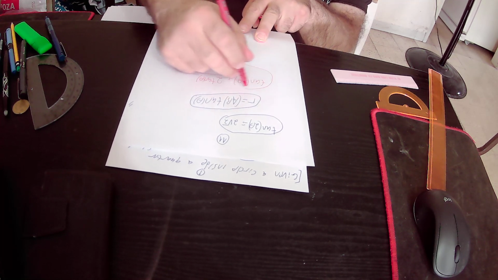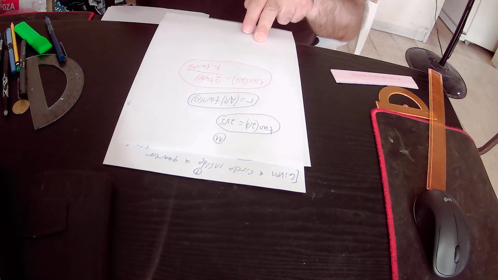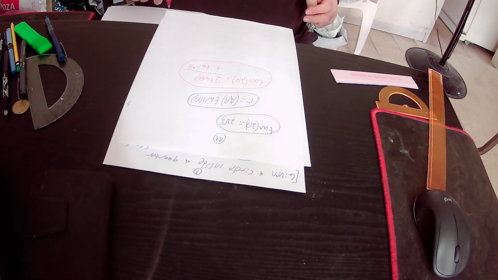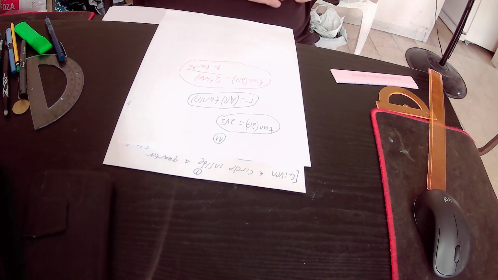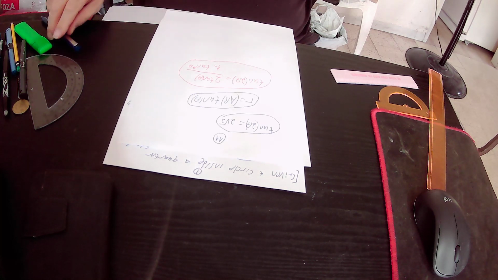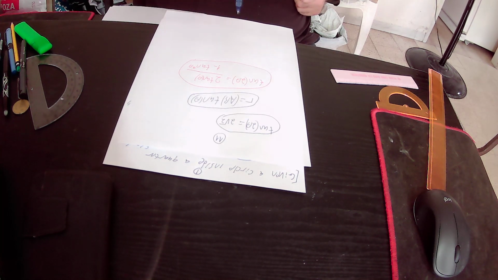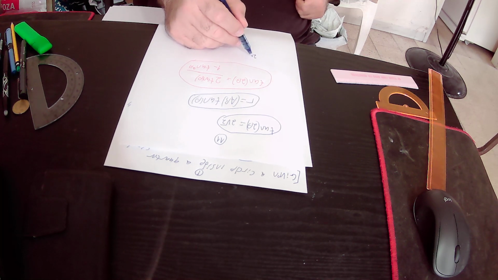We have already found that tangent 2 theta equals 2 times root 2, so we can substitute it in the identity.